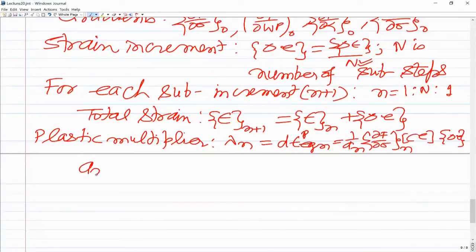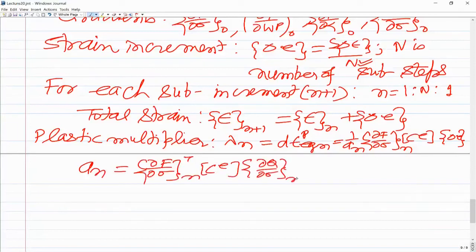And where this A_n is again the same formula: del f by del sigma transpose at the previous sub step into Ce into del q by del sigma calculated at the previous sub step. Now I'm talking about sub steps.